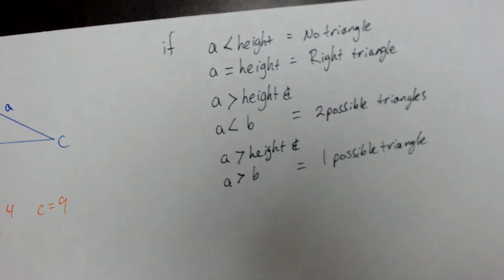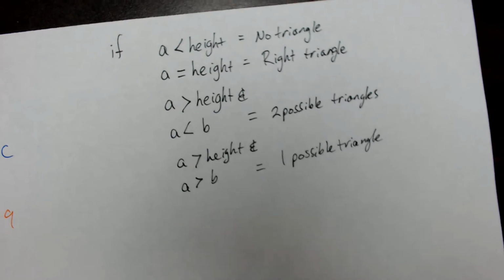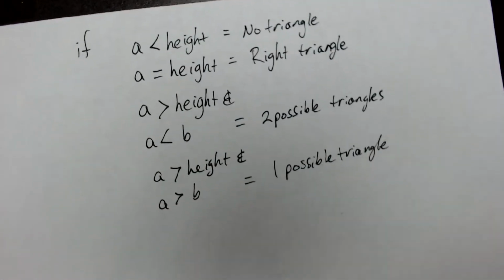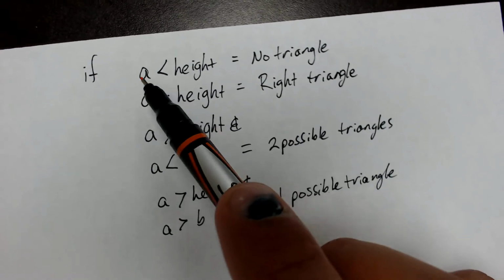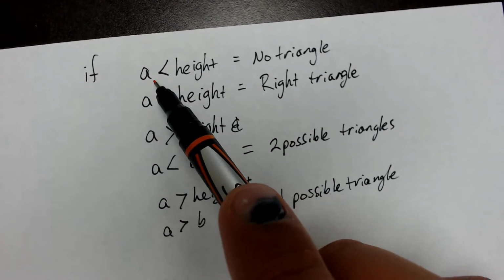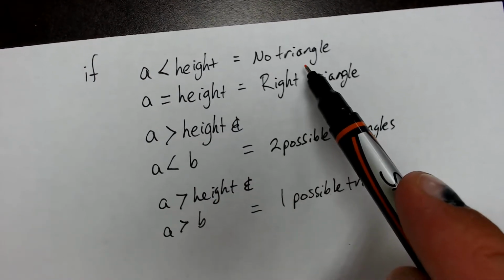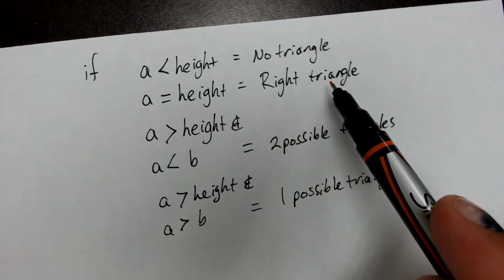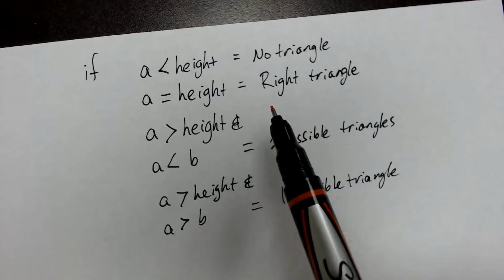The way this looks on paper for these different options, I wrote these out of order. That's okay. The first option is that if a, your opposite side, is less than the height of the triangle, then you don't have a triangle at all. If a is equal to the height, then we have a right triangle. That's where the trig identity would work in.